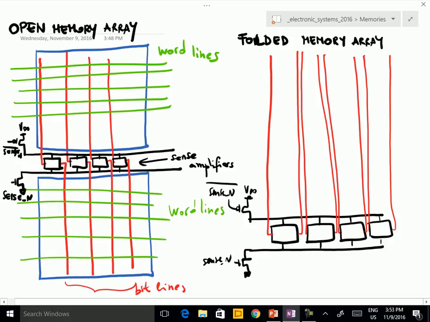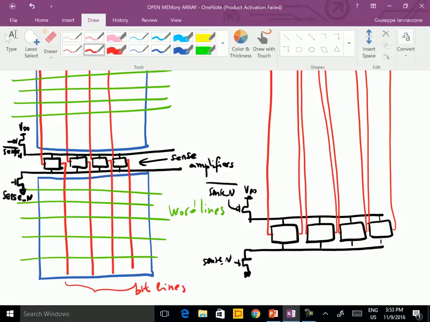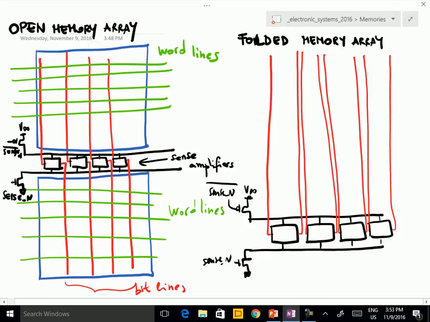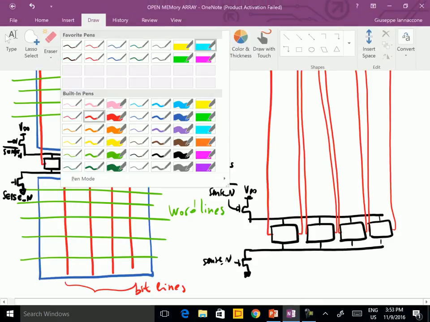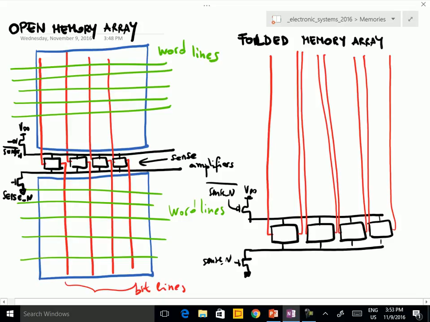Of course, in order to use always one bit line as the comparison bit line of the other one, one needs to be sure that the word lines do not cross all the bit lines. For example, one does the following thing. Let me use the green for the word lines as before. Let me just draw 4 word lines.